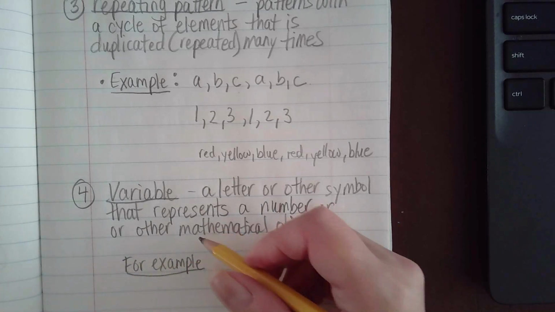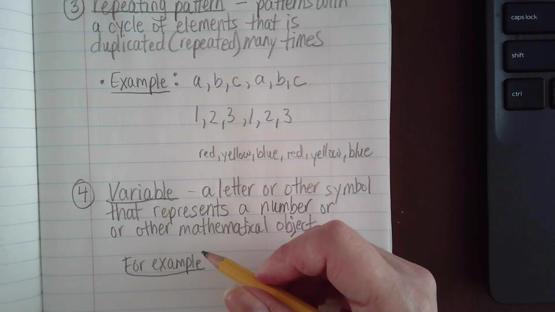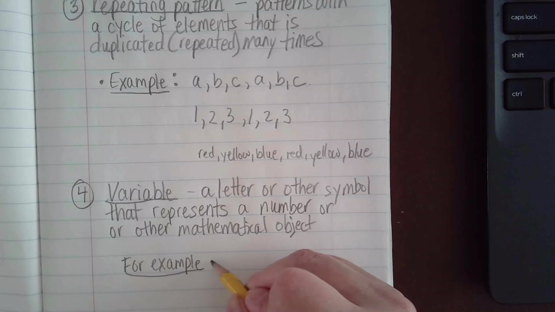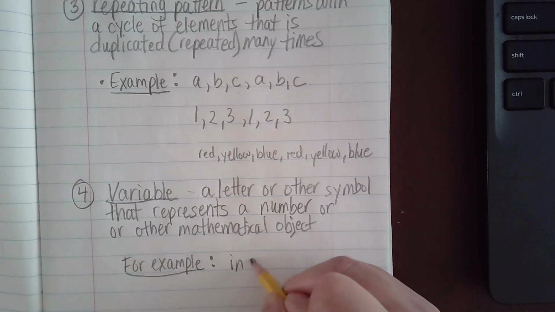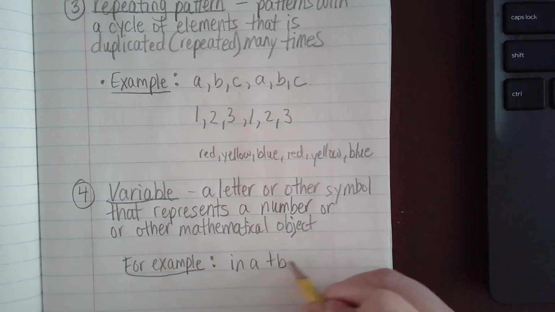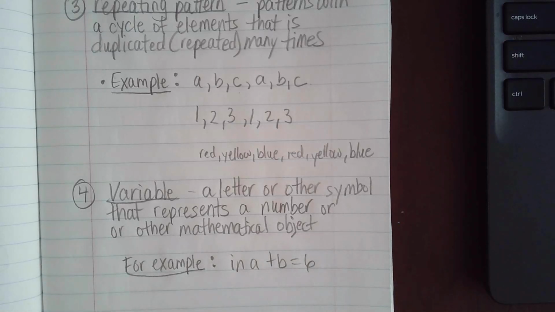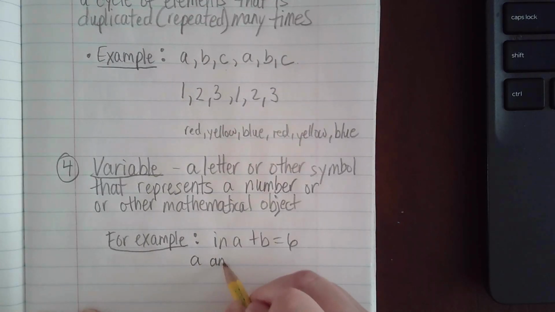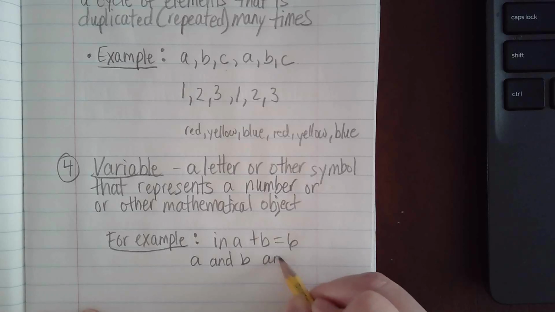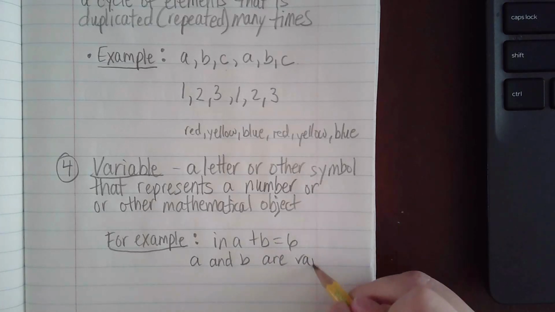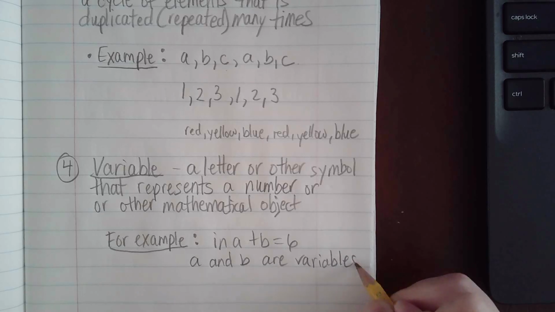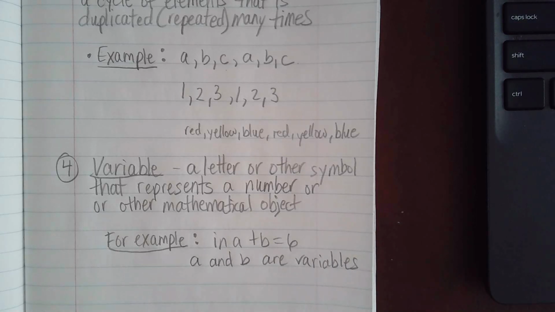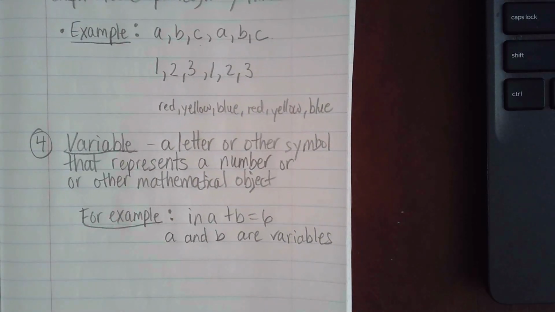Okay? For example, in A plus B equals 6, A and B are variables. Okay, those are letters that are representing unknown numbers.